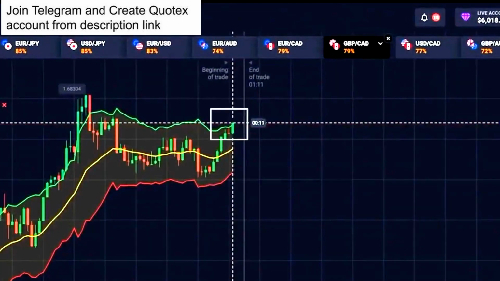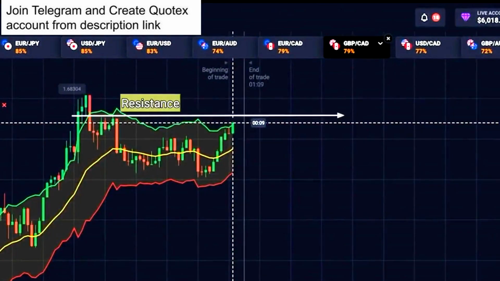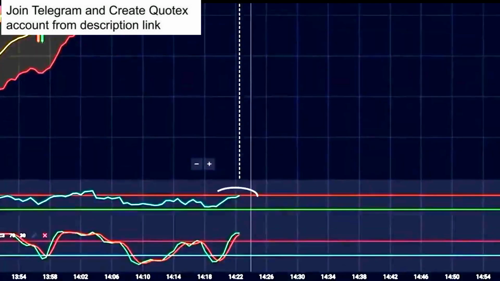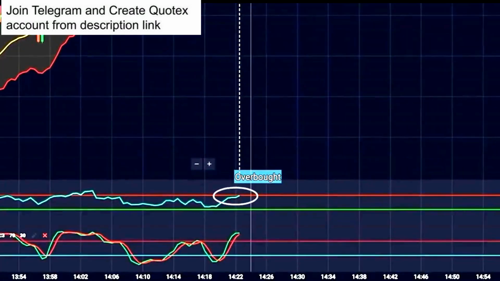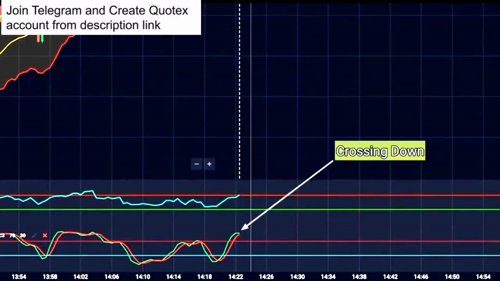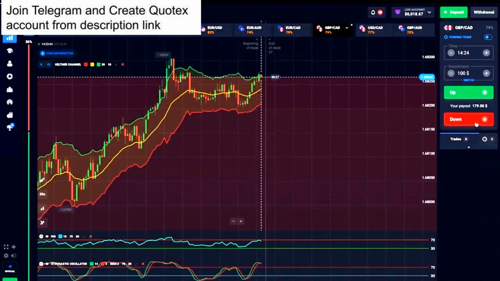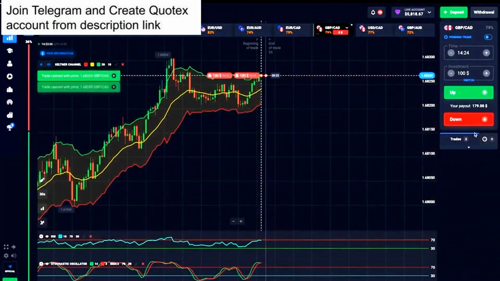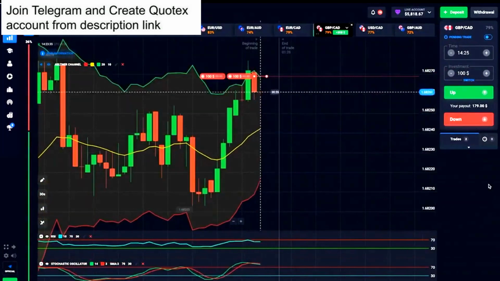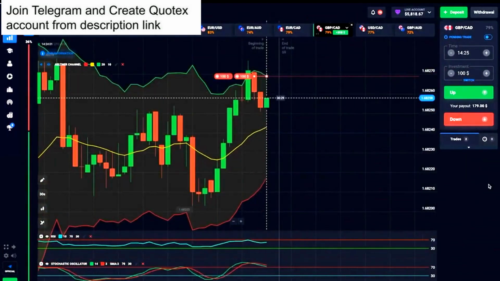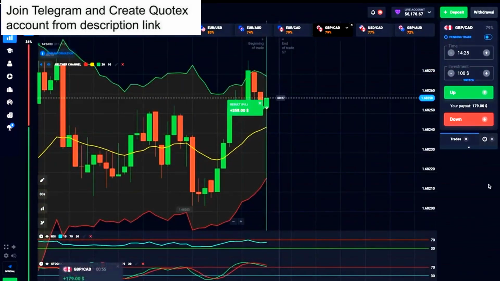Here the market is on the upper line, and also there is resistance here, and below RSI is also telling overbought, and now the stochastic is crossing down, so I'll take 2 entries of $100 here, because it is a good confirmation. And the entry here has won.